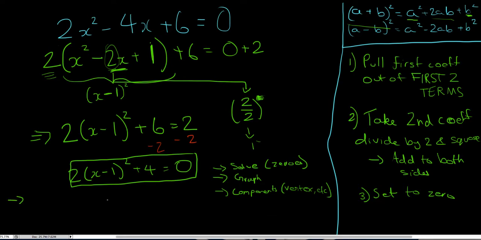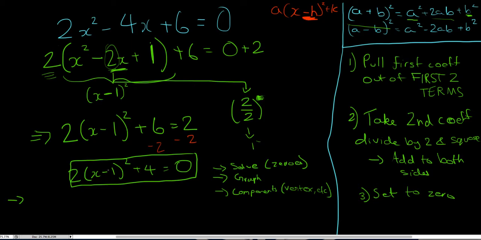So our vertex, what's it going to be? We've got x minus 1 and plus 4. So you need to be a little bit careful here, because if you remember, our equation had x minus h squared plus k. Okay? Minus h. So if we've got a minus 1 here, it means that h is actually positive.